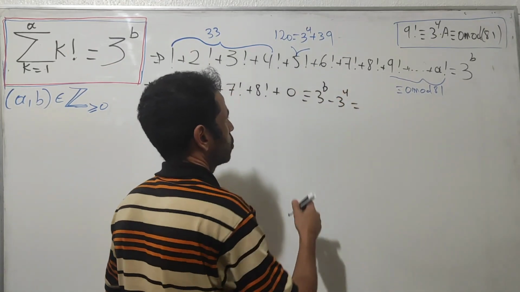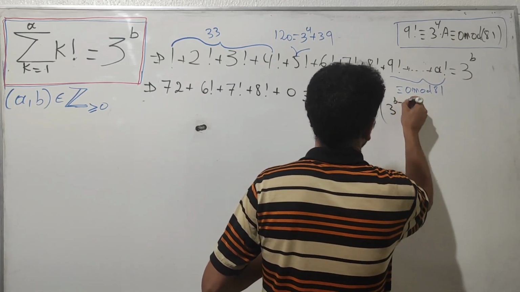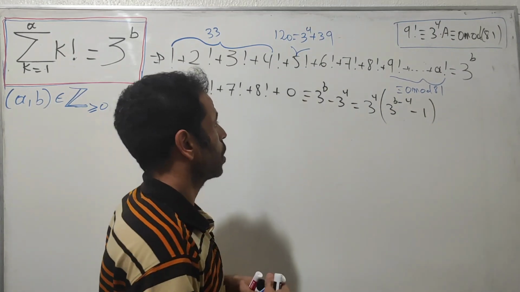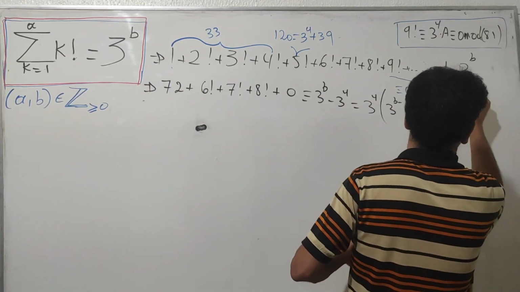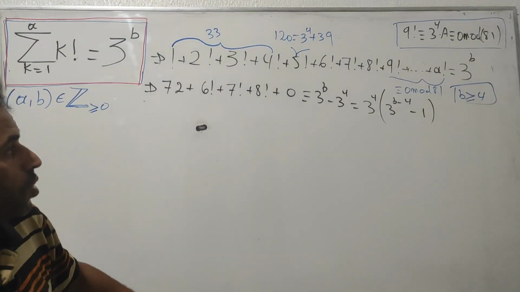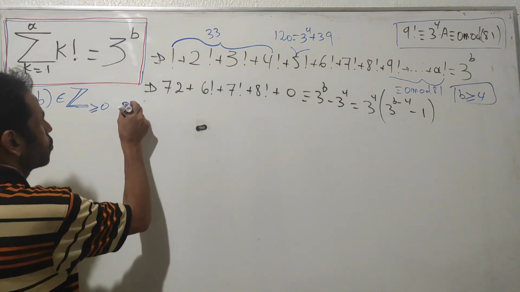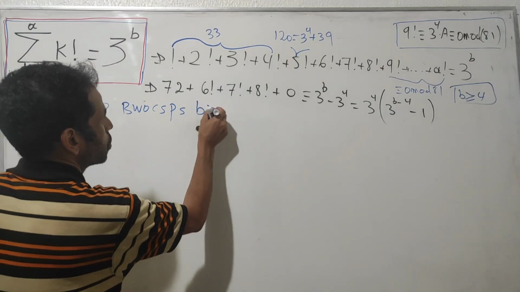Now I'm going to take 3 to the 4th as a common factor. I will have 3 to the 4th times 3 to the b minus 4 minus 1. Now we'll have a nice thing here. Always we are going to keep b greater than or equal to 4. Now we are ready to build a nice proof here. By way of contradiction, suppose b is greater than or equal to 4.